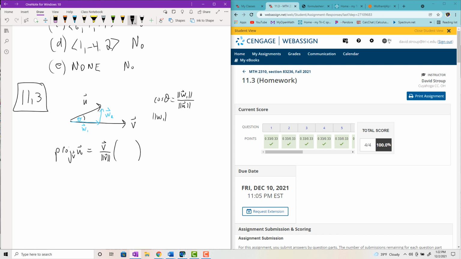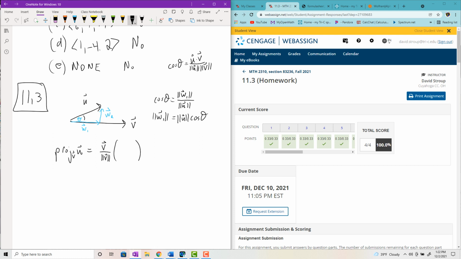That doesn't quite give you the formula though, right? To get the formula, you have to rewrite the cosine theta part. Cosine theta is a way of rewriting a dot product: u dot v all over the magnitude of u times the magnitude of v.